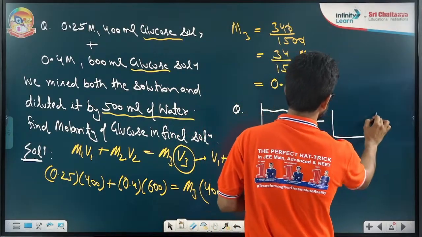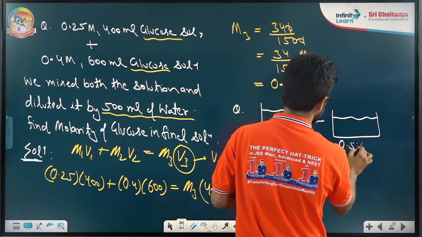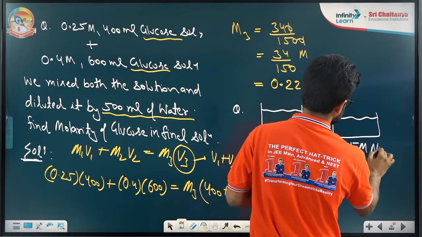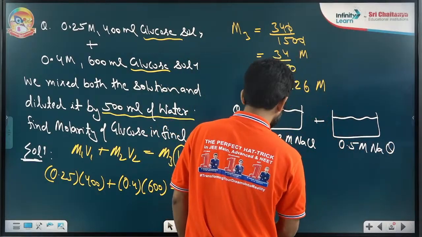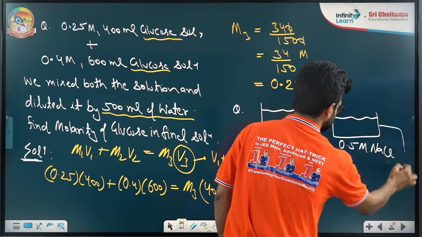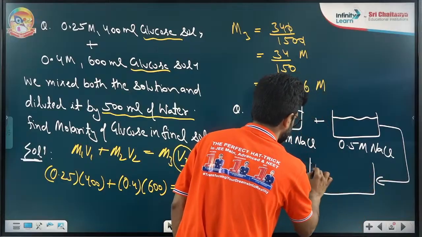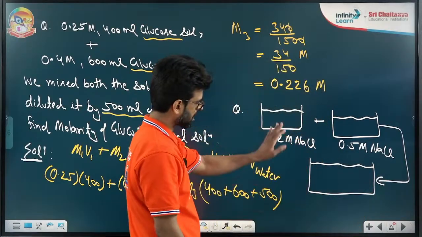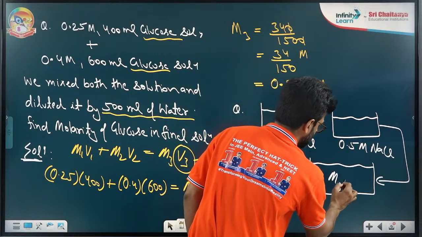This is the next solution here, and I'm saying it is 0.5 molar NaCl solution. There are two solutions, and I am just mixing both of these. I am not adding extra water, nothing else. So I want to ask you, what is the molarity here?